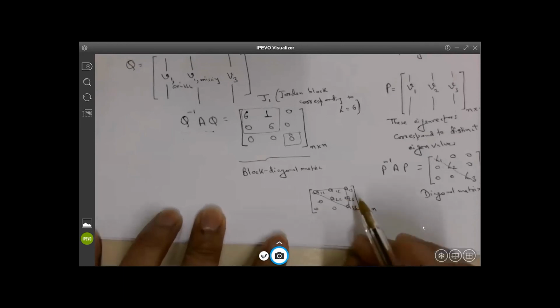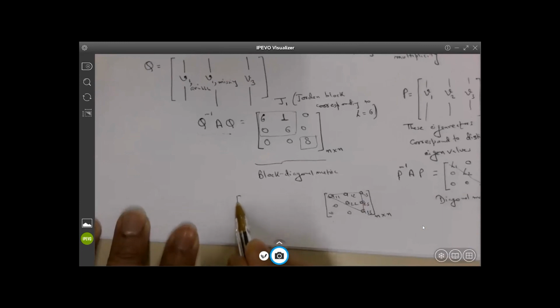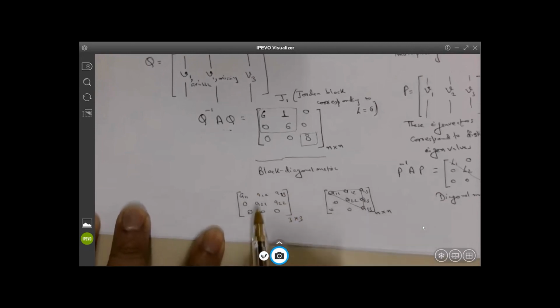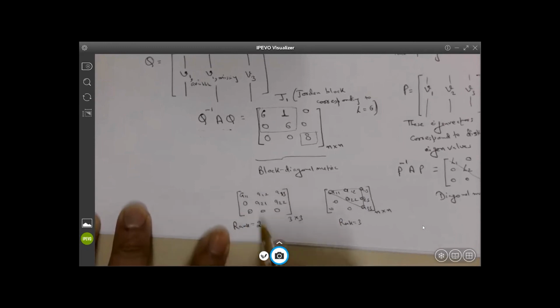But after elementary row operations, if you end up with something like this, A11, A12, A13, 0, A21, A22, 0, 0, 0. So in that case, basically what it means is that the rank of this matrix is 2. Rank of the previous matrix is 3 after performing elementary row operations.